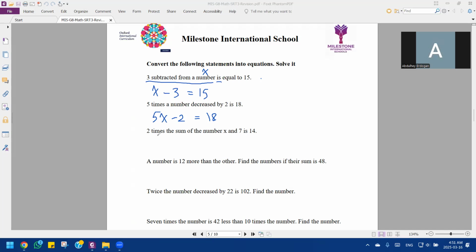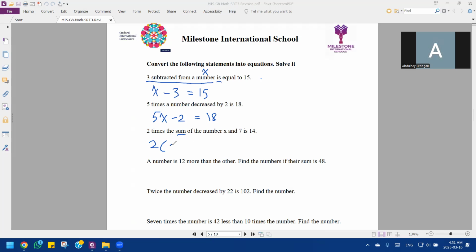Next one, 2 times the sum of the number x and 7 is 14. So 2 multiply the sum. The sum means the addition. So that 2 is not multiplied by one value, it's multiplied by many things. So if it is like this, I will open a bracket. 2 times the sum of what?